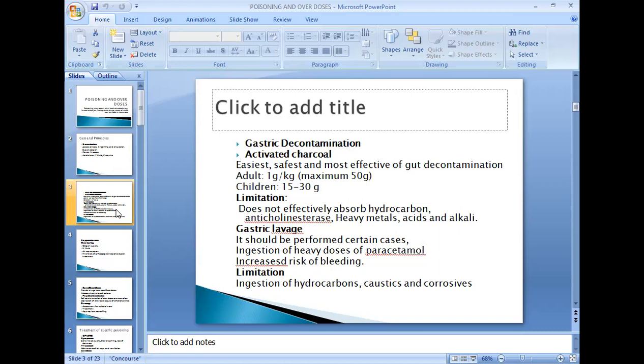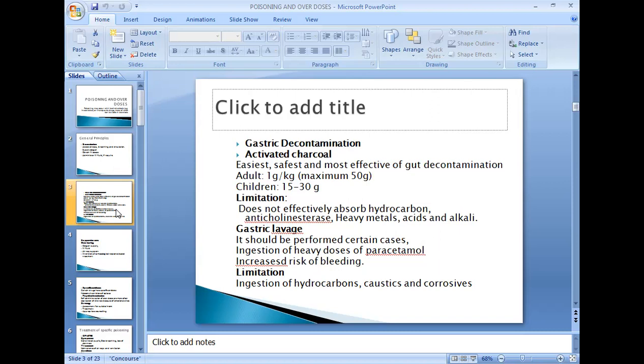It is not effective for hydrocarbons like petroleum or kerosene, anticholinesterase drugs, heavy metals, acids, and even alkalis. For such situations, we cannot use activated charcoal. It can even harm the situation.